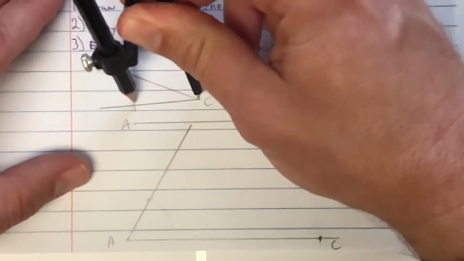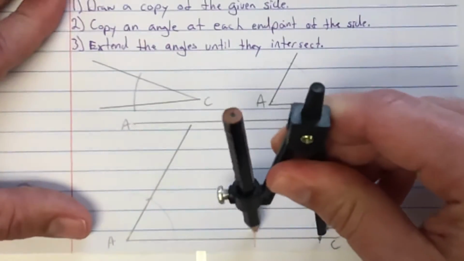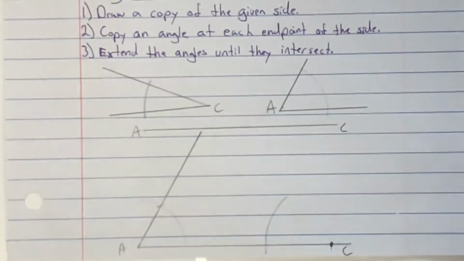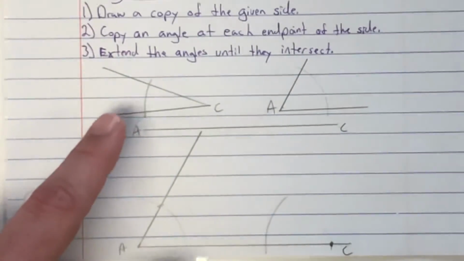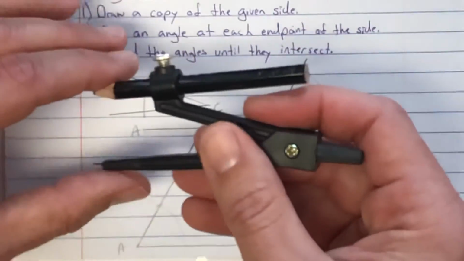I'm going to do the same thing with angle C. I'm going to draw an arc. I'm going to come down here, and I'm going to draw an arc, like so. Same basic arc. I made this one bigger so I can make sure that the distance between here can be mimicked down here without any issue.